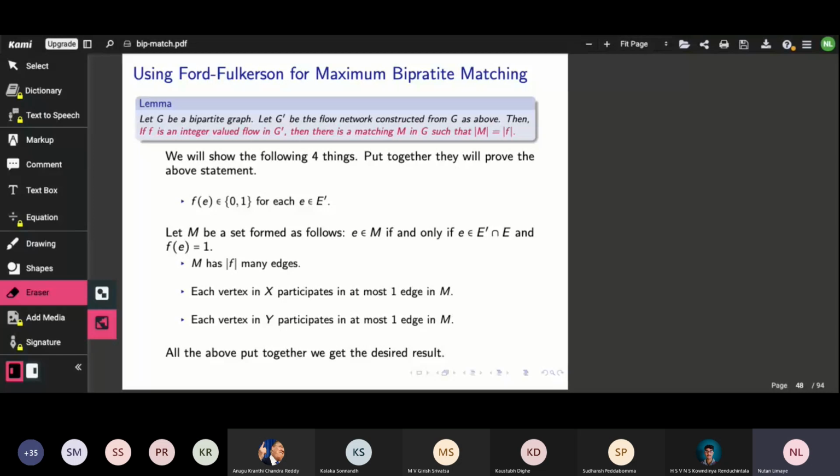So let's quickly understand why. As soon as I say that every vertex in X and every vertex in Y participates in at most 1 edge in M, this tells us that M is a matching.